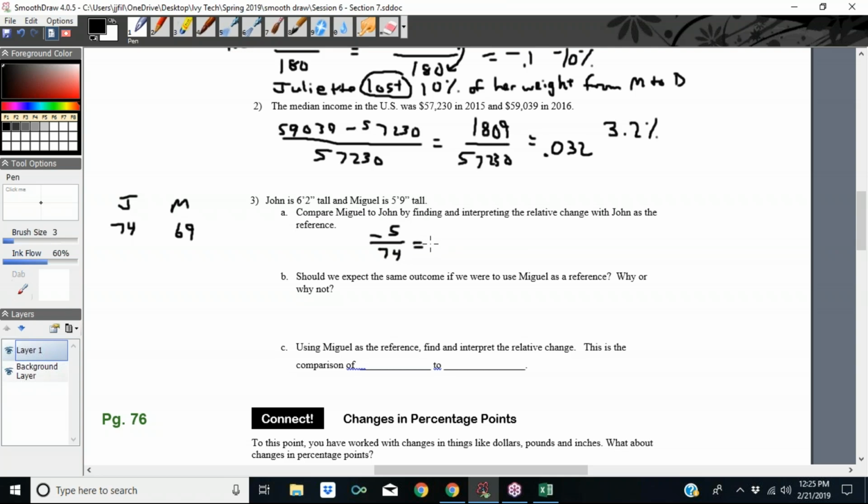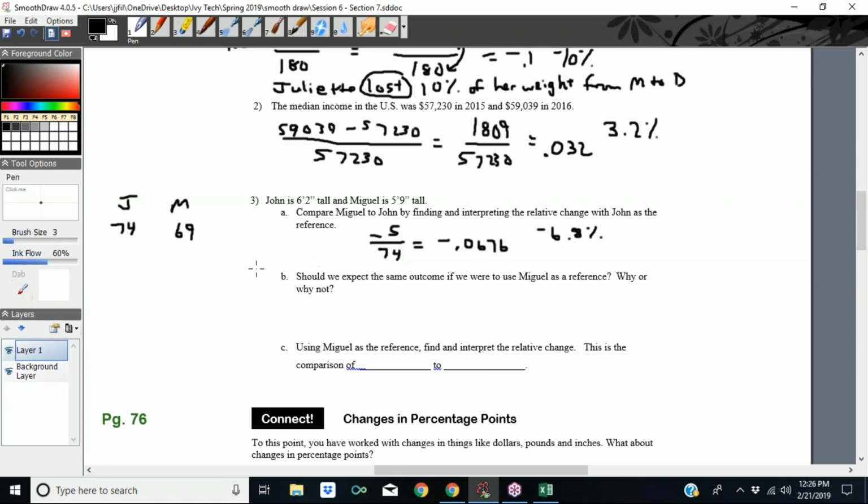So -5 divided by 74. Taking out a couple of decimal places, we get 0.0676. That'd be -6.8%. So we would say that, John, or excuse me, Miguel to John.